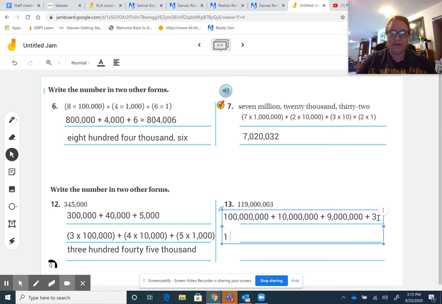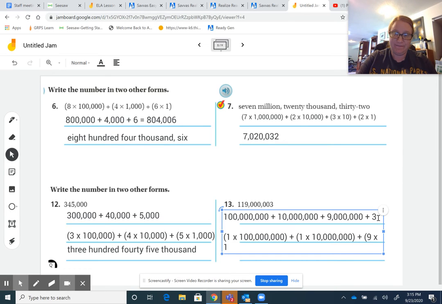So we have 1 (1 times 100 million) plus 1 times 10 million plus 9 times 1 million plus, oops, I forgot my parentheses, plus 3 times 1. Okay, that gives us that portion.